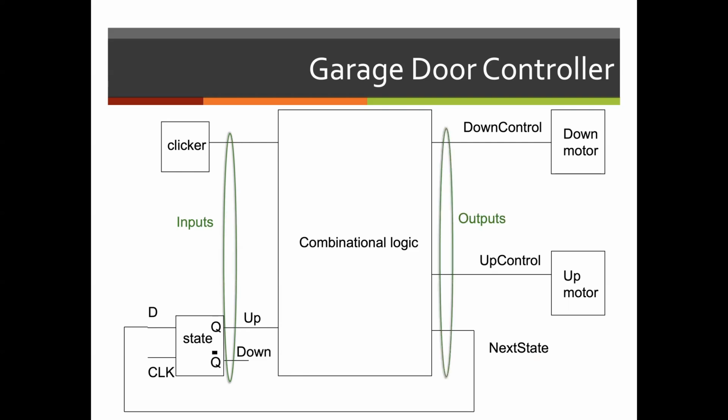With this, we have appropriate corresponding inputs into the combinational logic via the clicker, as well as the output, which controls whether we'll have an up control, in which the garage motor knows to bring the garage up, or a down control, which denotes whether we need to bring the garage down.